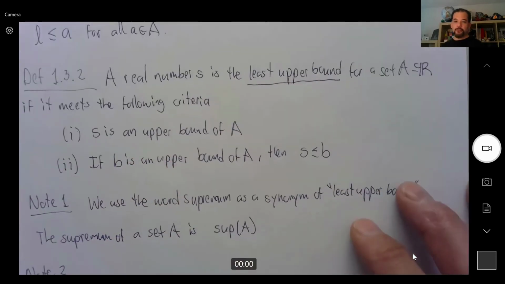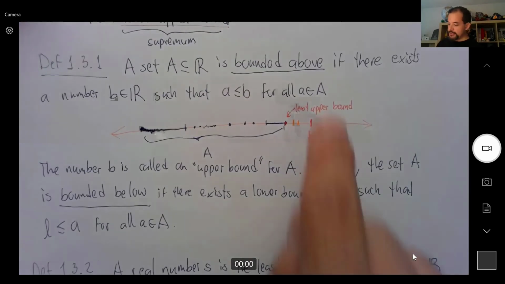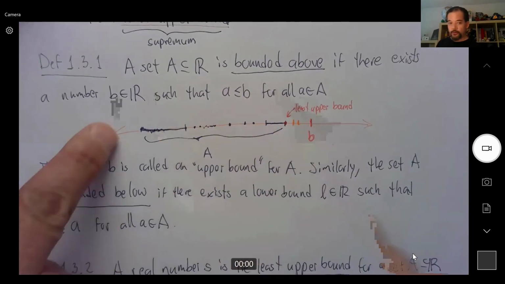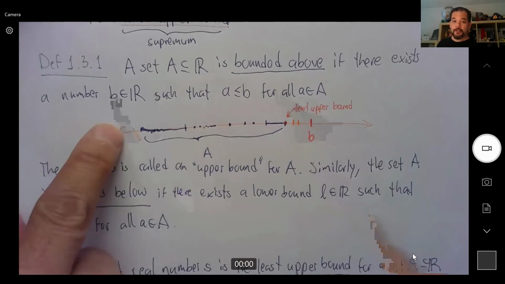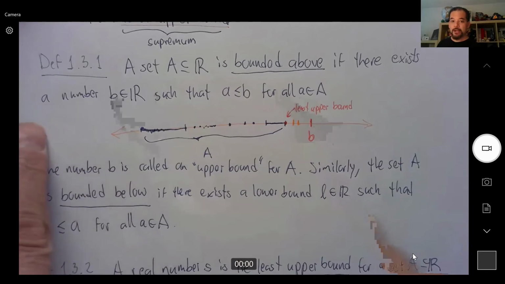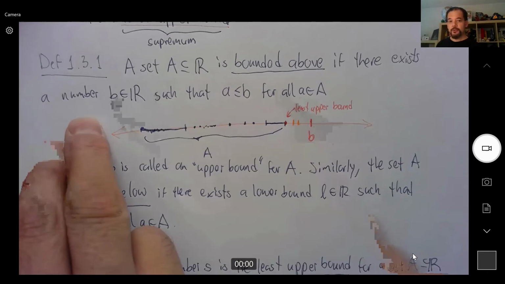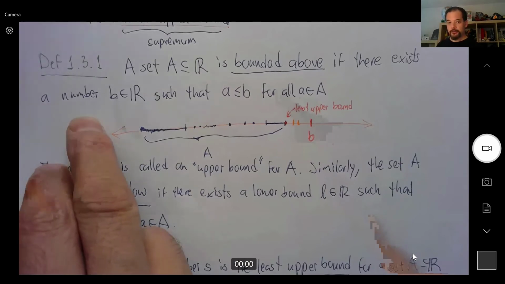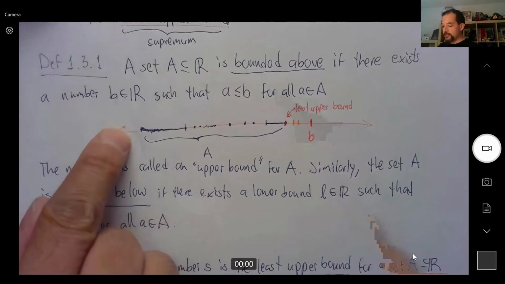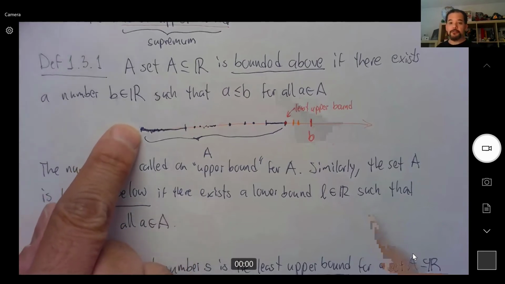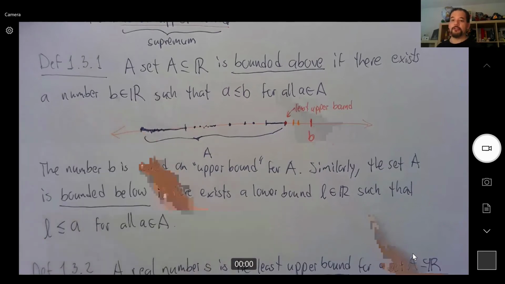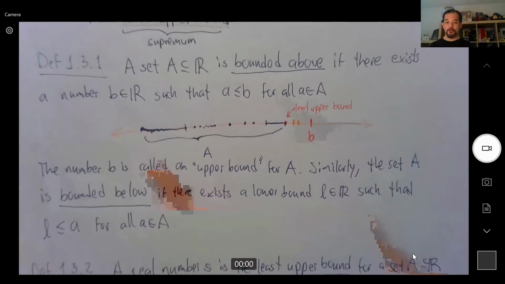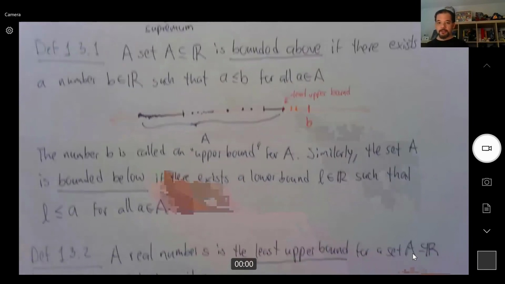So let's go back to our picture. So this set also has lower bounds. The lower bounds are right here on the left. And because it's a set that is bounded below, we could argue, and we will do it later on, that there is the greatest of all the lower bounds. And the greatest of all the lower bounds is called the infimum.